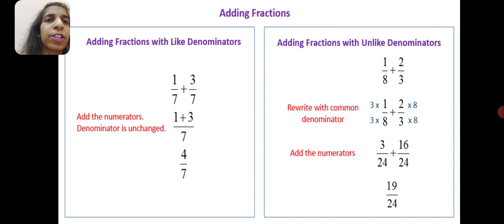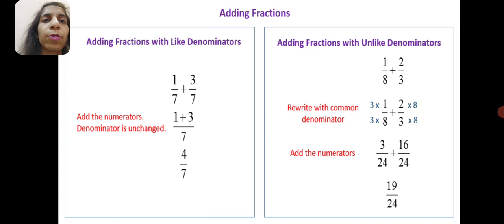Next, adding fractions. First we will add the fractions with like denominators. So suppose the denominators are the same, suppose we have taken 7, 1 upon 7 plus 3 by 7. If we want to add both of these, we will be getting 4 by 7.